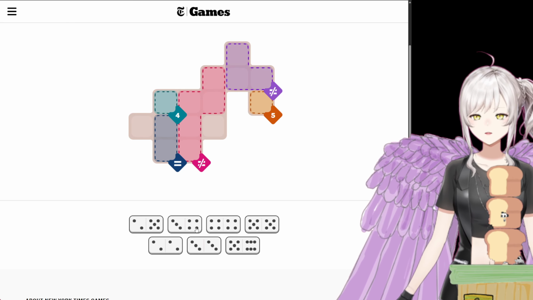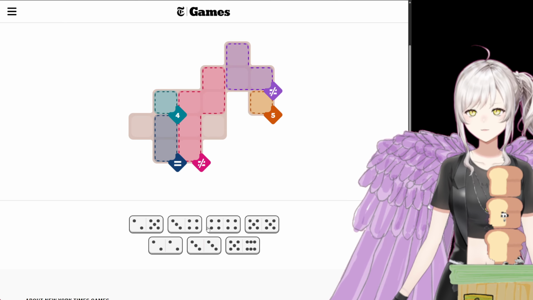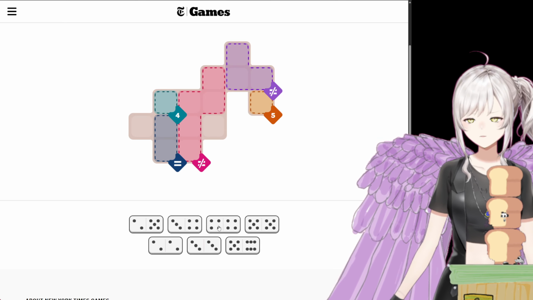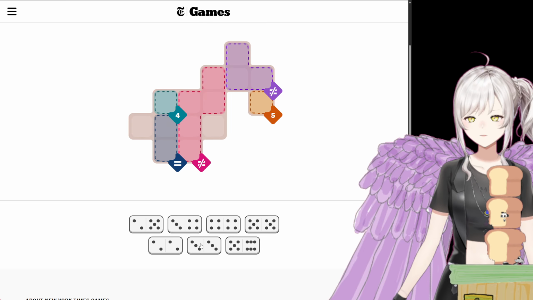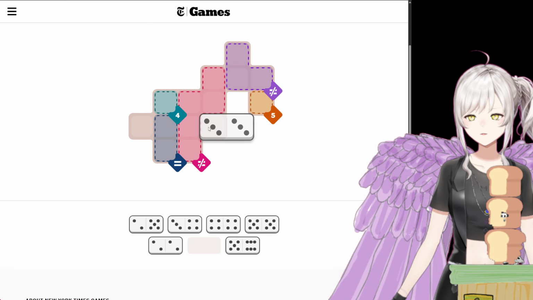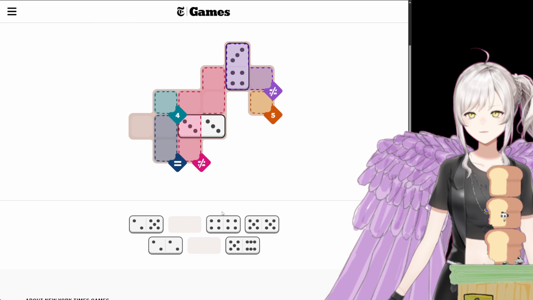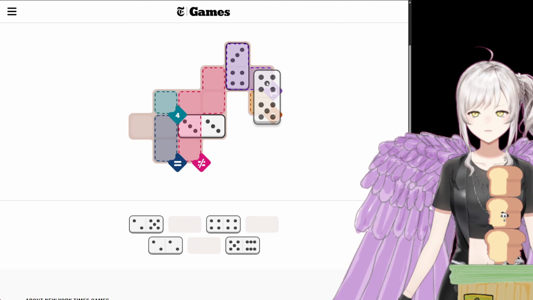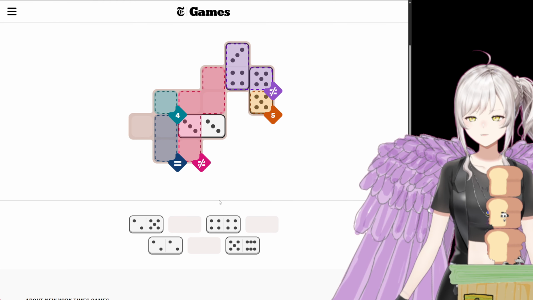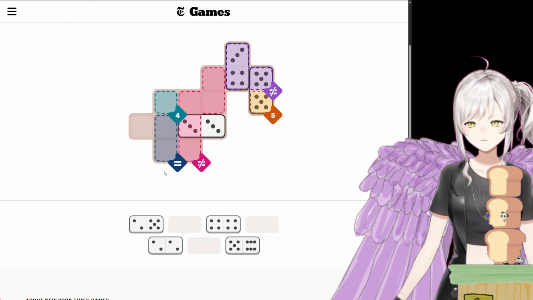I might need to just play around with some things, see if the placement comes out. Maybe we can do 3s here. 3, 4, 5, hypothetically. Now it can't be a 5 there.